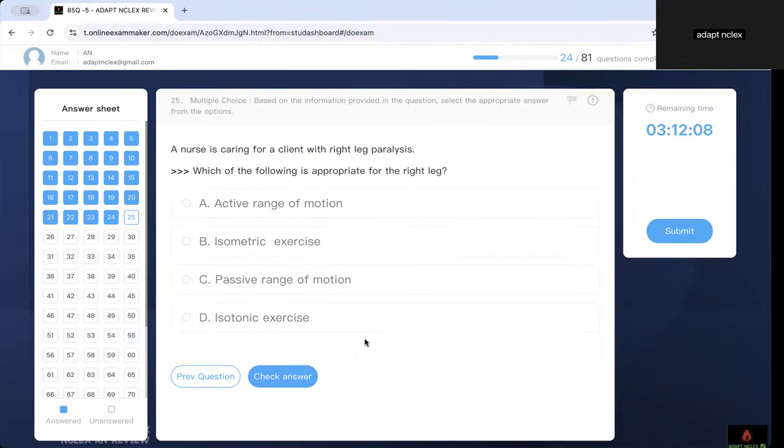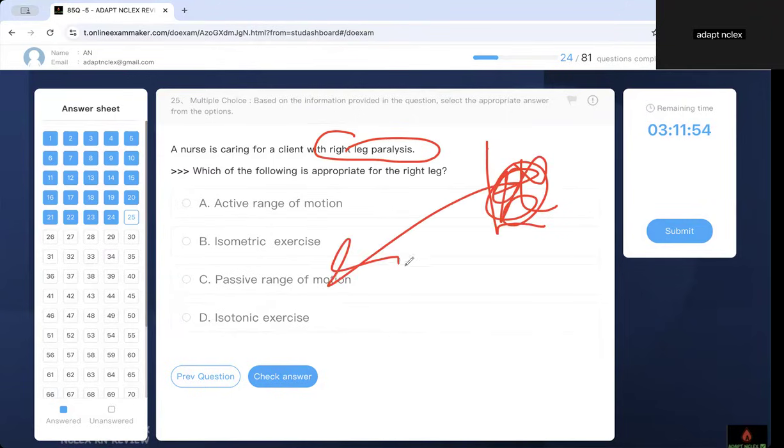You may not know them, but don't stop there. Don't pick an answer choice and run away. I want you to think about the question and say, I know it. Right leg paralysis. That right leg is not moving. Any answer choice that talks about moving that right leg by the patient is the wrong answer.